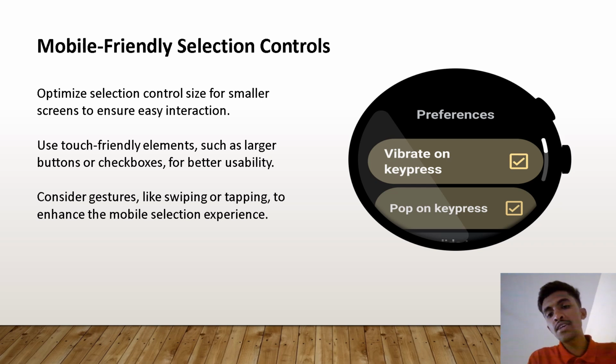If I put that preferences in black, and also this vibrate and key press black, the background color also black, and here pop up key press also black, and the backside also black, everything black, and I give that form to people, they look at it and wonder what is there, what should I do, what is the need for this. They get questions in their mind. That's why mobile friendly selection controls are very much needed for the users, then only they use that mobile.